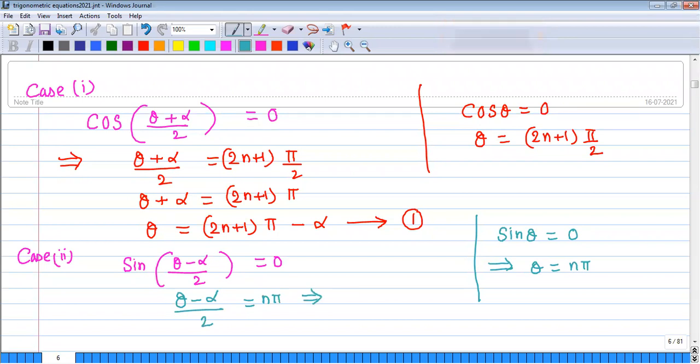Cross multiply. Theta minus alpha is equal to 2n pi. Here theta is equal to 2n pi plus alpha. Say equation 2.